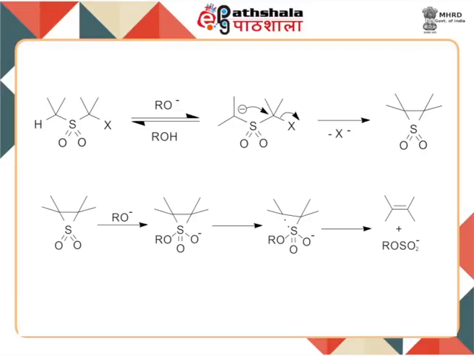The anionic mechanism for the Ramberg-Backlund reaction includes a rapid deprotonation, which is followed by a slow cyclization to generate a thiirane dioxide intermediate. Formation of the thiirane dioxide is followed by extrusion of SO2.